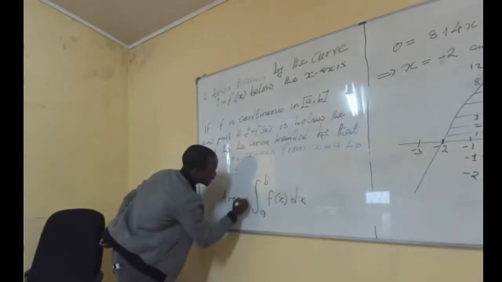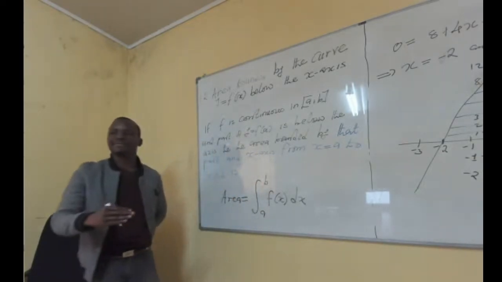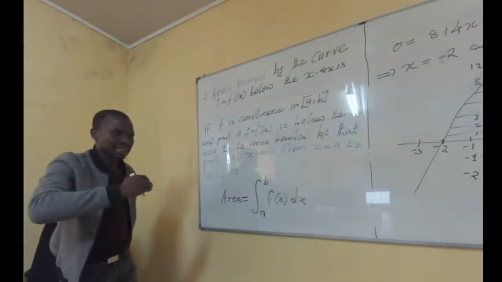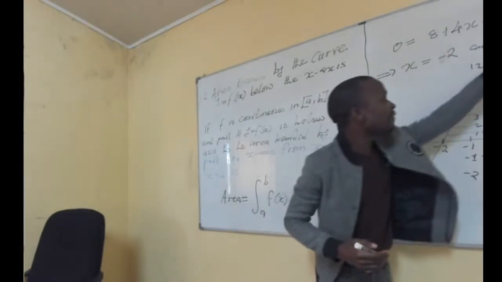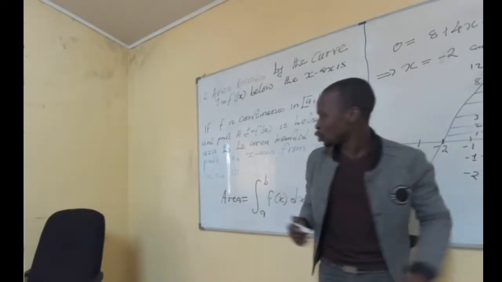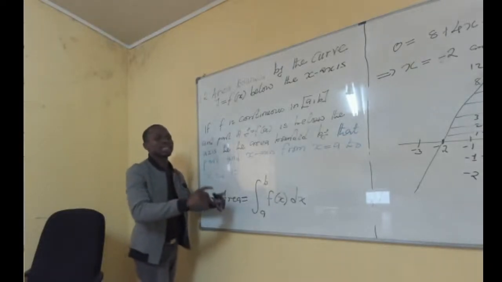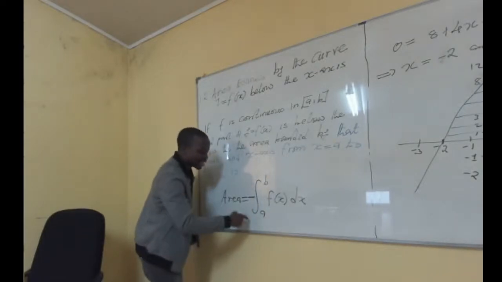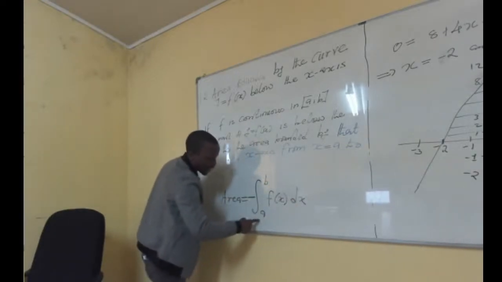So it's the negative. When the curve lies below the region, if you look at this curve, it is lying below the shaded region. Then the area bounded by that region which lies above the curve is the negative of the integral of that curve with respect to x from a to b.